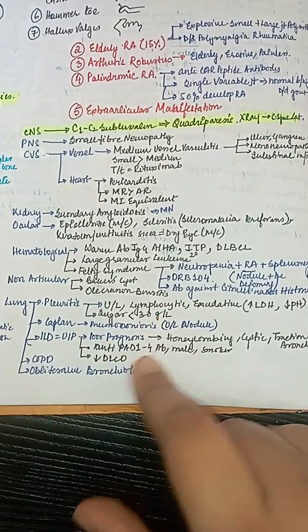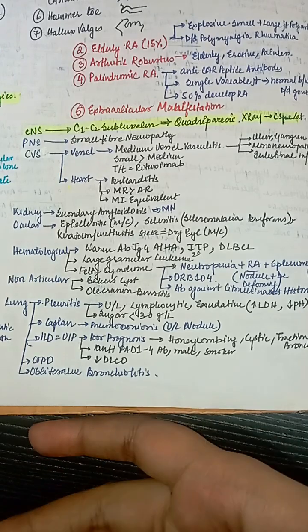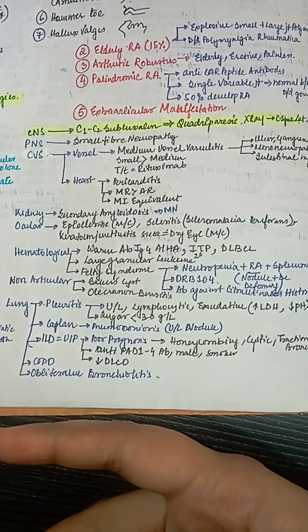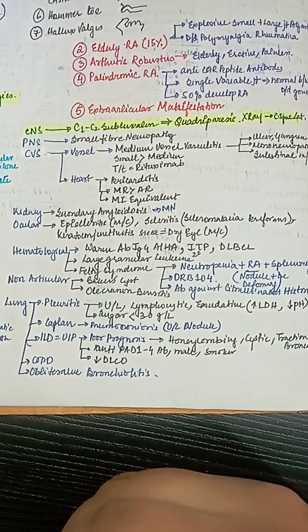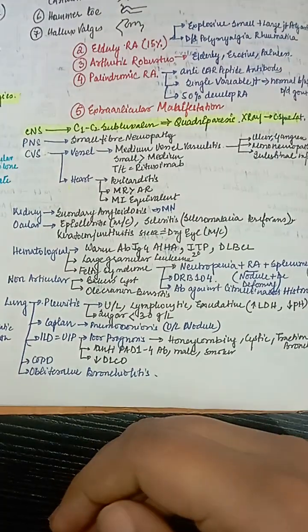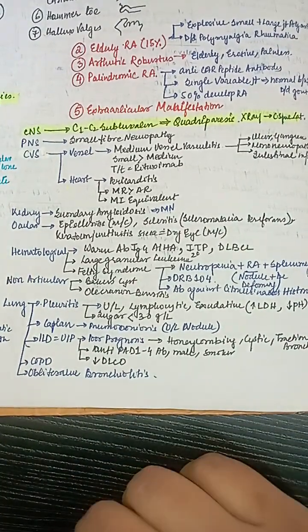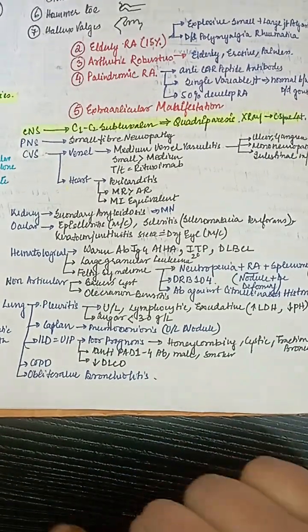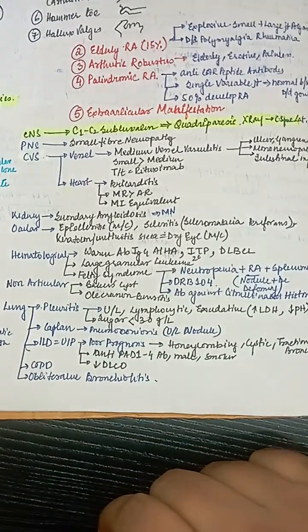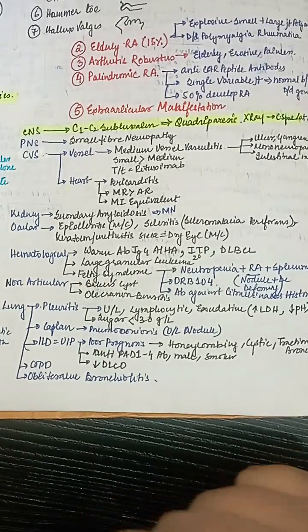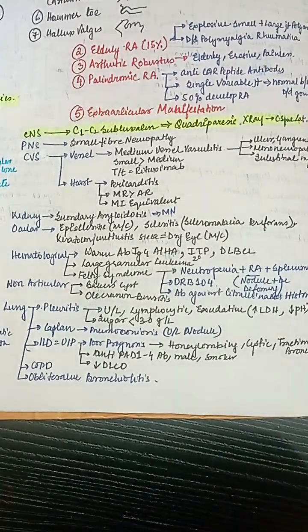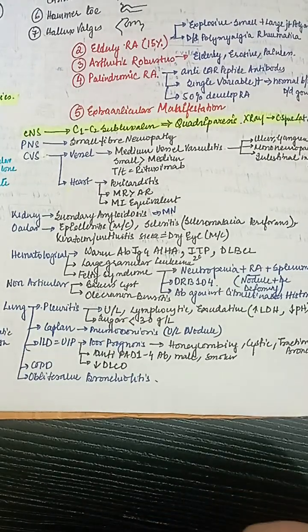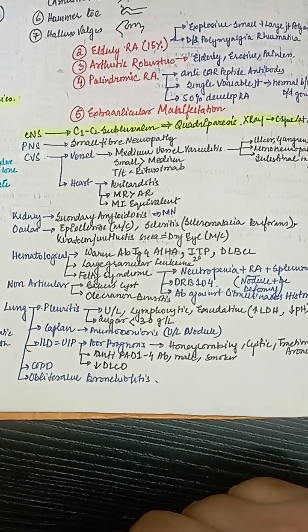Normally it decreases if there is any bacterial infection, but here it is RA origin. Unilateral lymphocytic exudative, sugar less than 30, LDH increasing, pH decreasing.